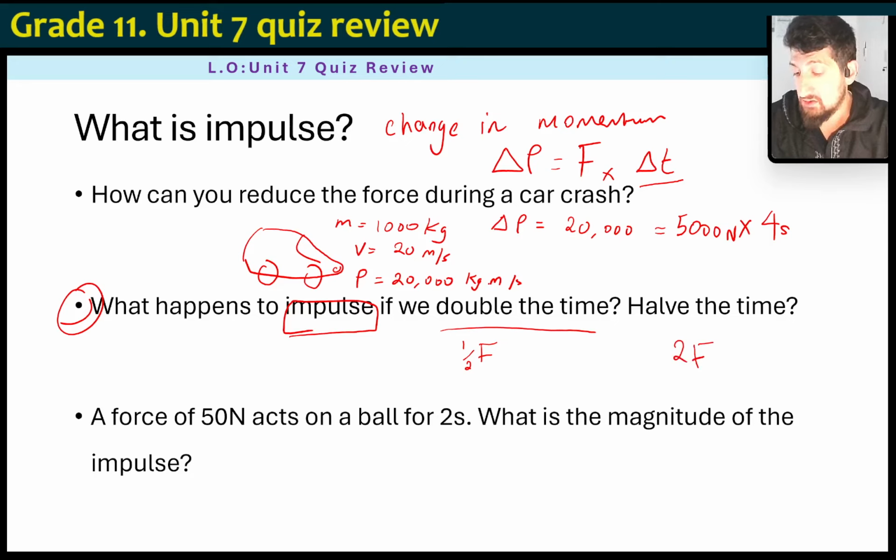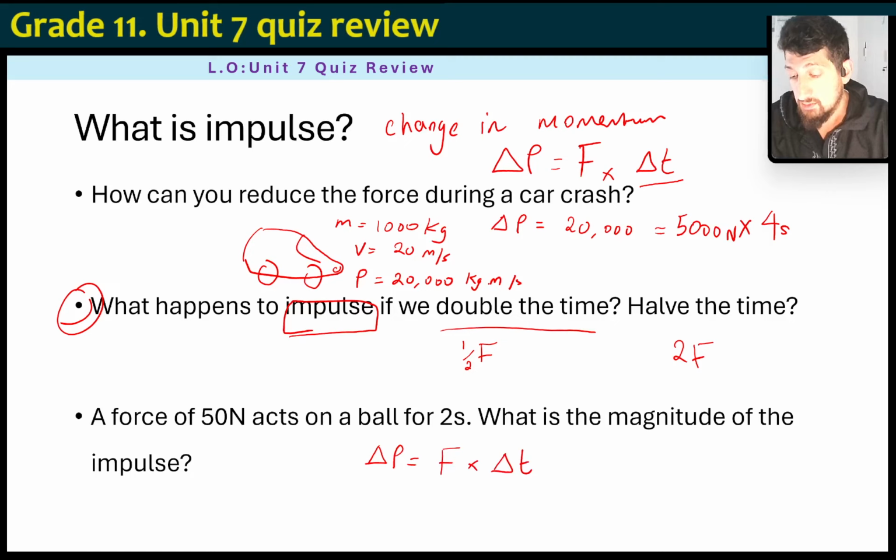A force of 50 newtons acts on a ball for 2 seconds. What is the magnitude of the impulse? Well, hopefully by now you're familiar with this formula. The impulse, or the change in momentum, is equal to the force multiplied by the change in time.